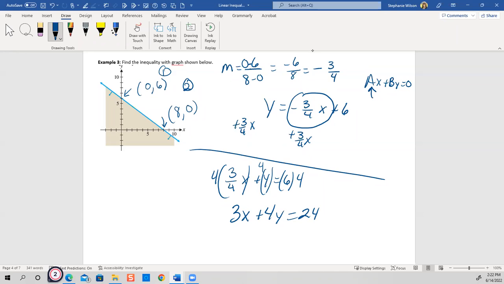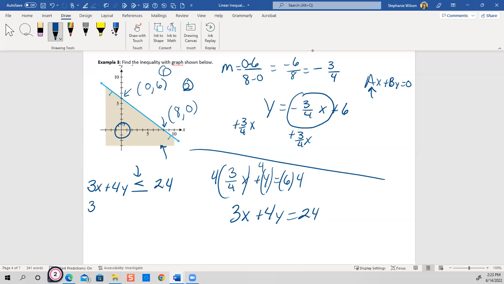Okay. Well, they already shaded this, and they said this bottom half is what makes it true. So let's figure out which inequality sign is the true one. I'm going to set it less than or equal to 24 and see if this sign is correct for this equation. The origin did not fall on the line, so let's use it.